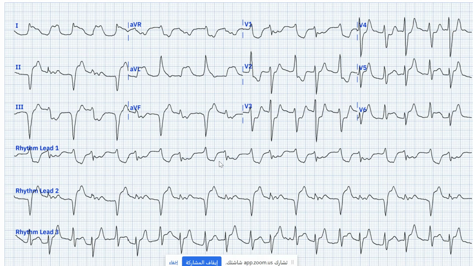He has a history of atrial fibrillation and other issues, and they started him on medication, a beta blocker, sometimes amiodarone. They stopped it because of complications of amiodarone, and they gave him digoxin. This patient presented with this rhythm to the ER.